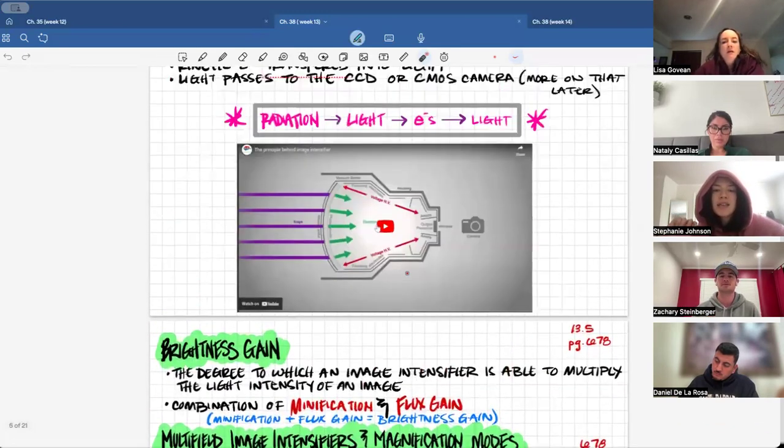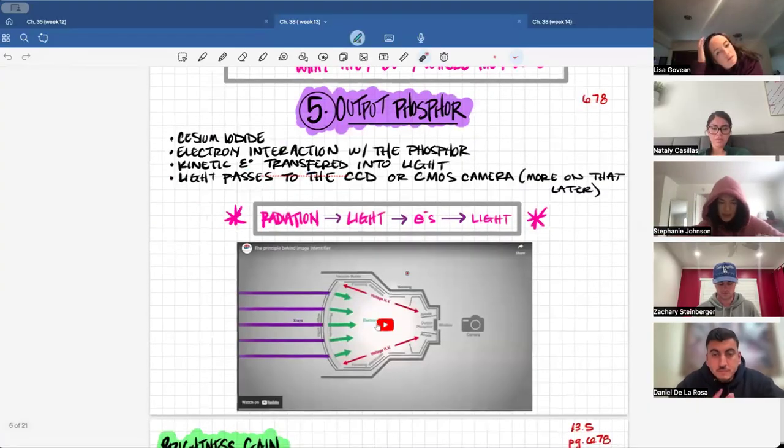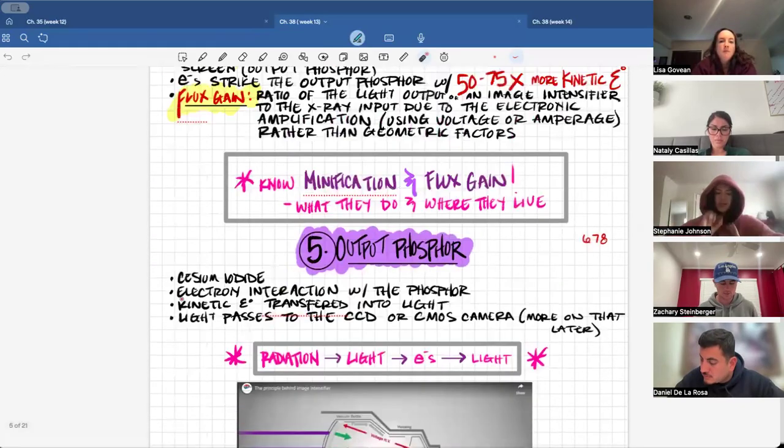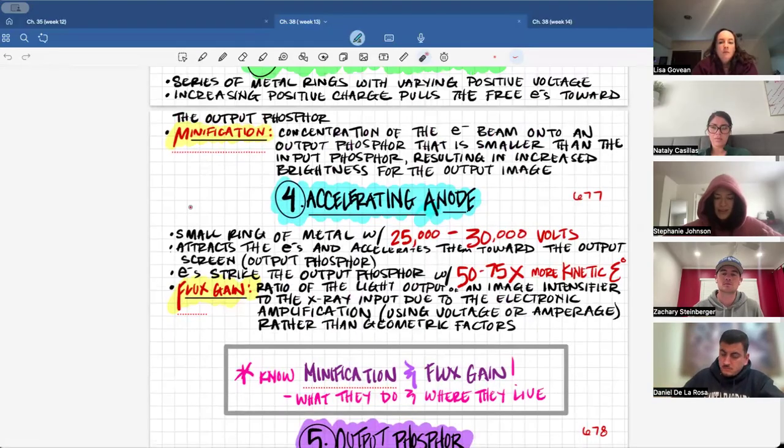Yeah, I did. Kind of bouncing off what you guys were saying with the minification, the whole magnifying glass, bigger light to smaller, would that go hand in hand with the focal point in the image intensifier?